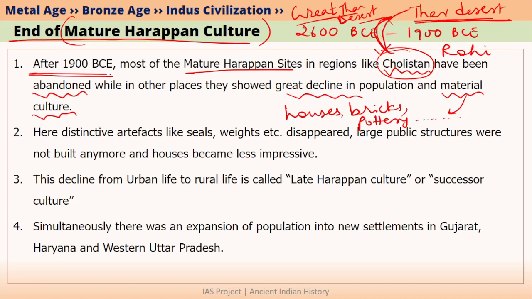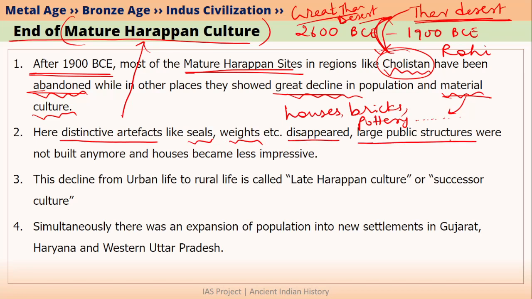So after 1900 BCE, mature Harappan cities in Cholistan and other regions were either abandoned or the population and the material culture of these sites decreased. When we say material culture decreased, we mean that the distinctive artifacts of mature Harappan culture like seals, weights, bricks, pottery either disappeared or decreased greatly in number.